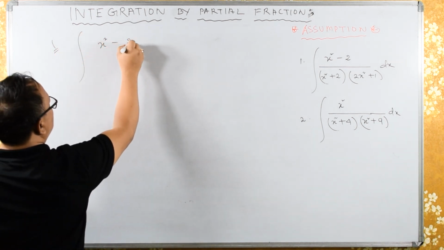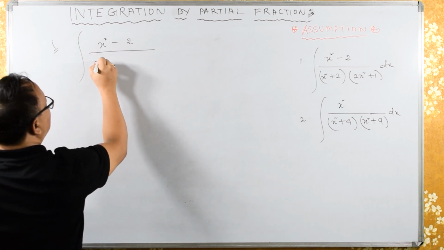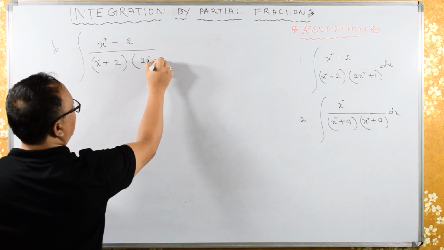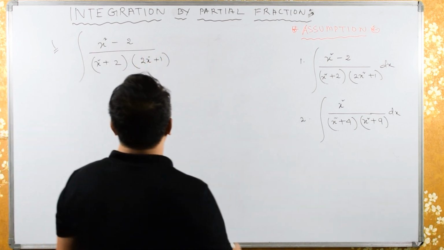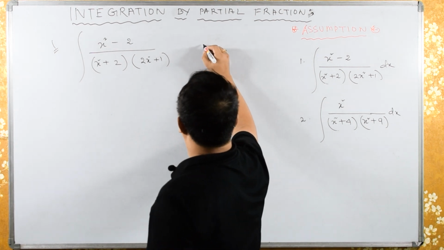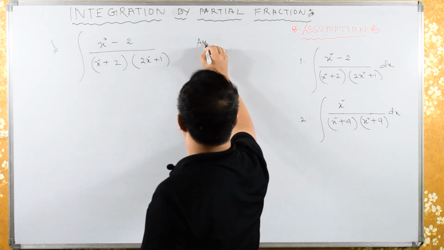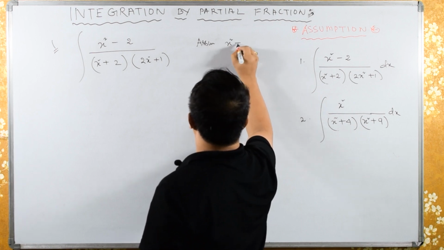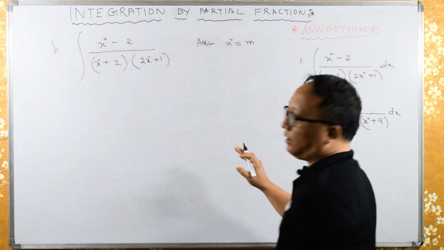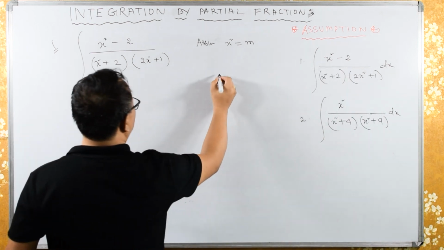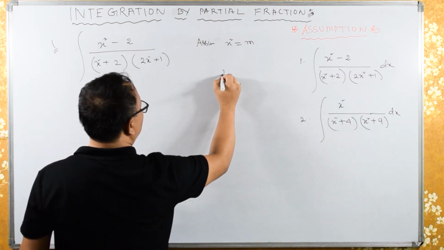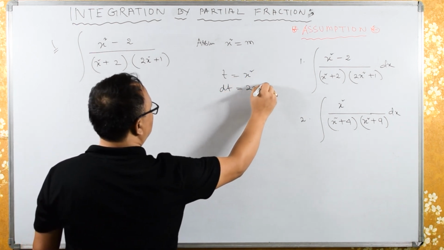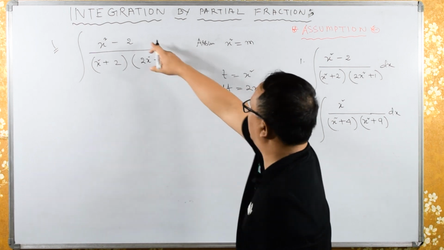(x² − 2)/((x² + 2)(2x² + 1)). Now we have to consider something called an assumption. Assume x² = m. Before, if we substituted t = x², then dt = 2x dx, but we don't have 2x dx here.